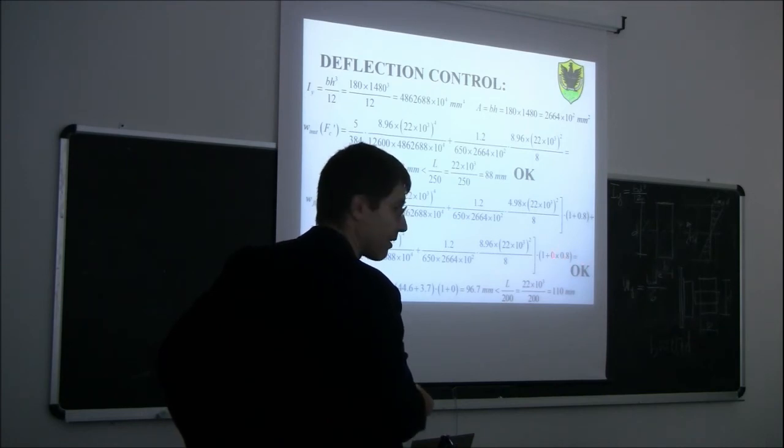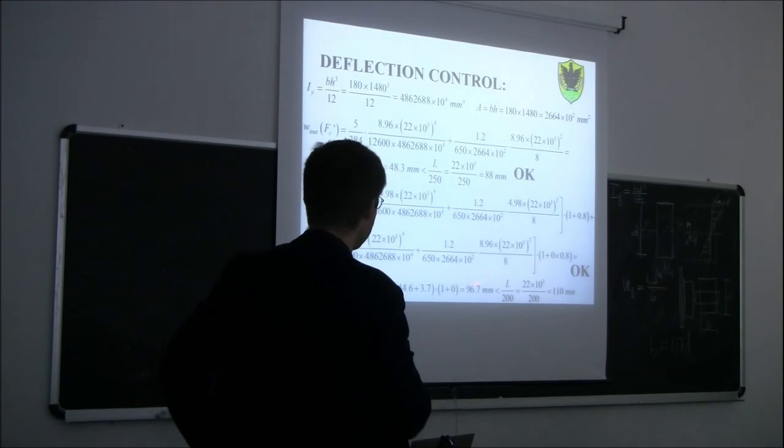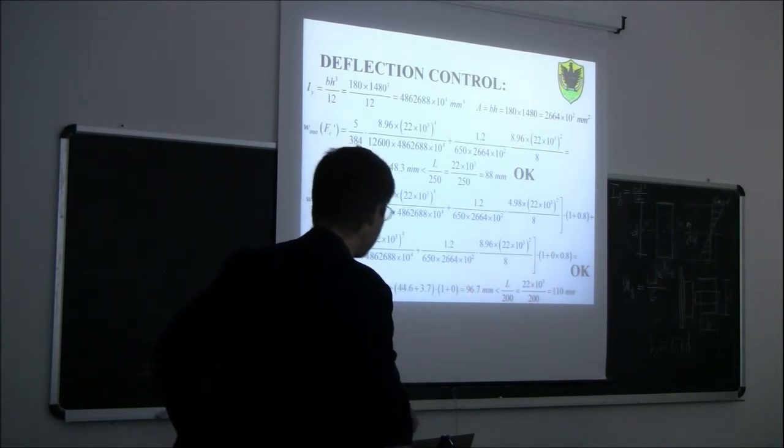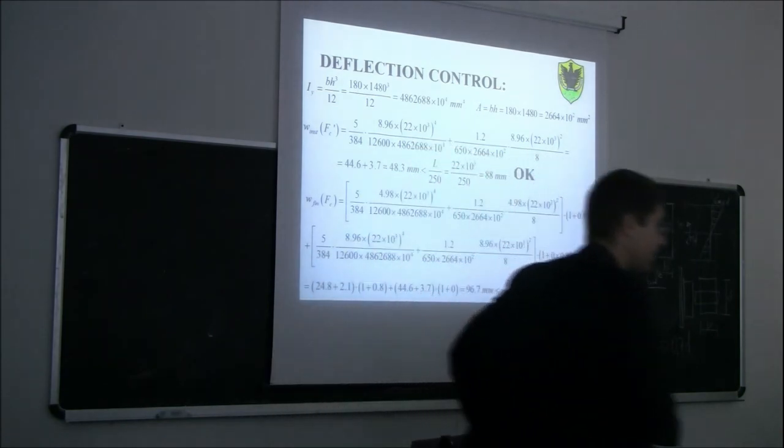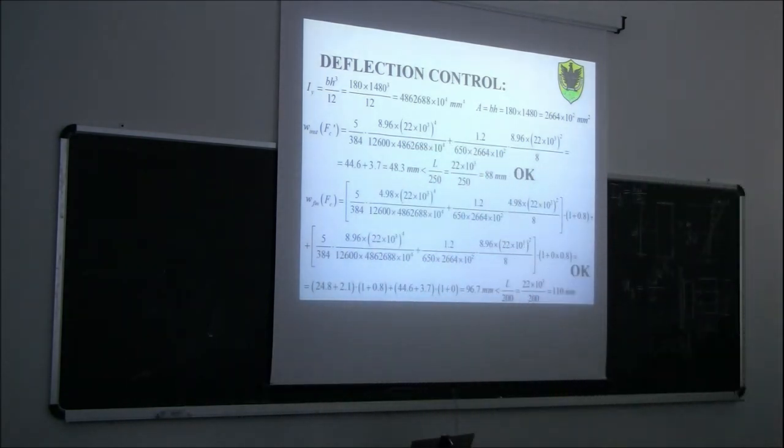So here we don't have any creep contribution. And in the end, you see that we have 96.7 millimeters as a final deflection. 96.7 millimeters must be compared with 1/200th of the length, which is 110 millimeters. So also the second verification is satisfied.